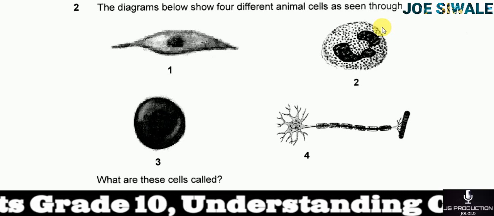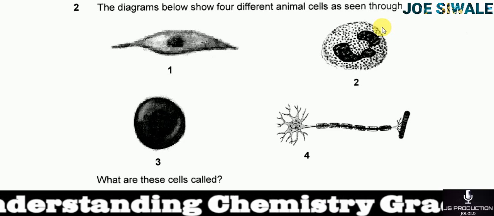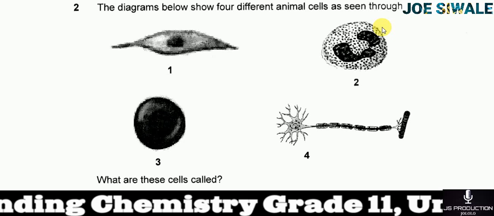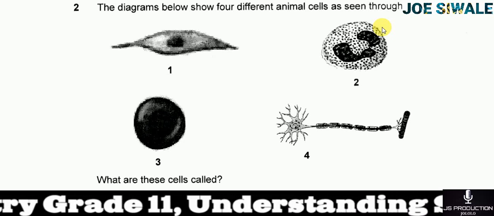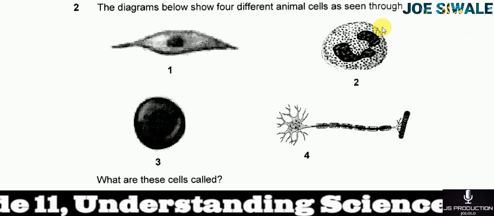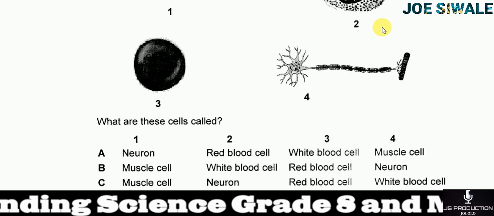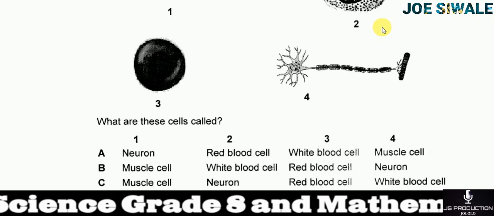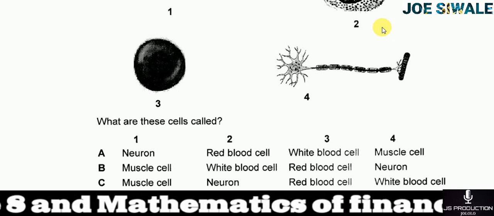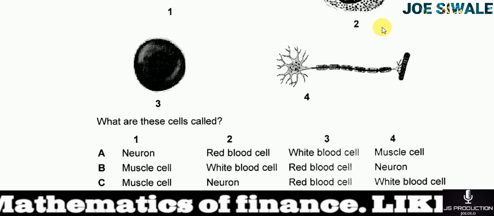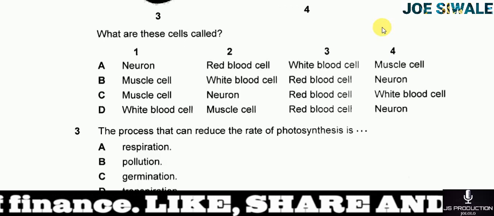Then cell 3, that's the red blood cell, and you can identify that that's a red blood cell due to the absence of the nucleus. Then cell 4, that's a neuron, and I can identify that that's a neuron because of the presence of the dendrites.